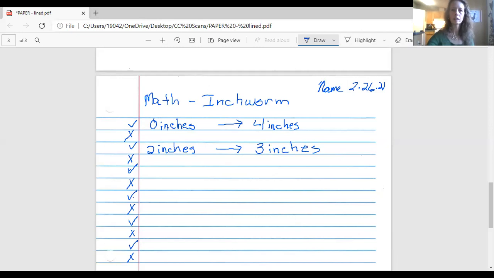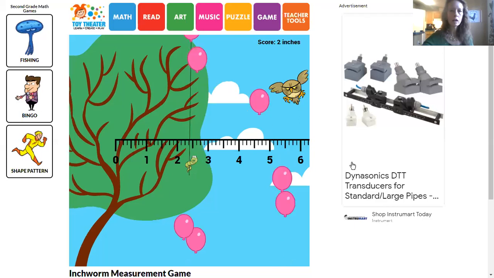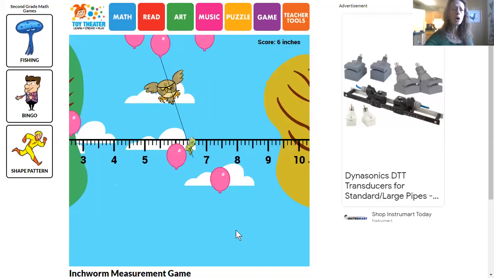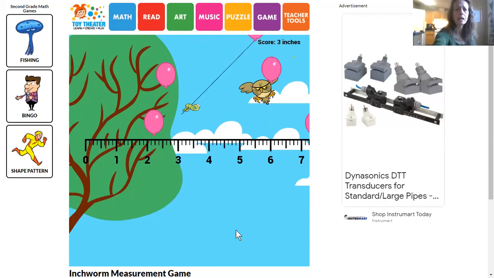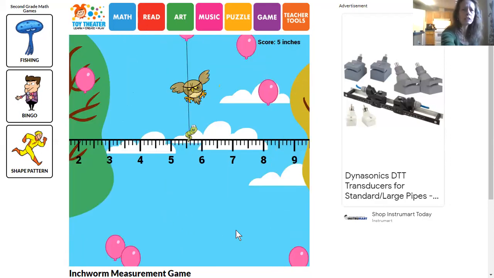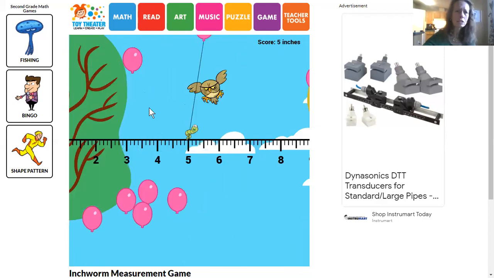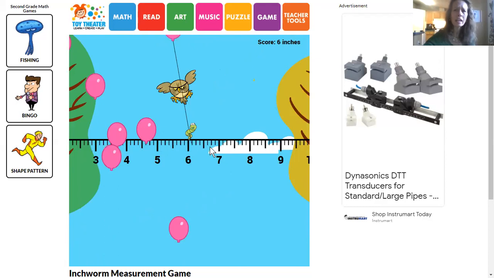Okay. Now let's come back to see if we can get him to swing a lot this time. Okay, let's try this balloon. Whoa, look at that. You went from the 3 to the 8. There he is, 3 to the 8.